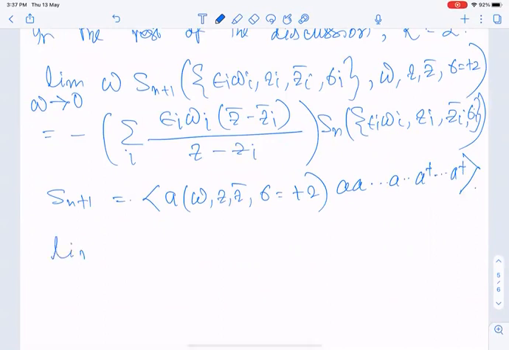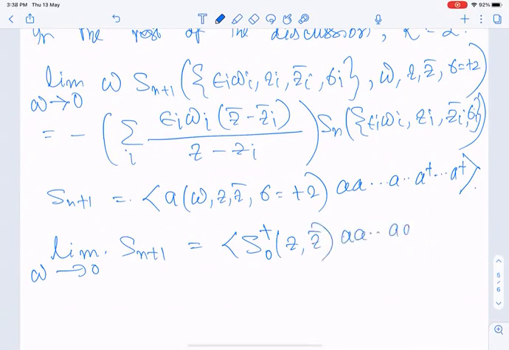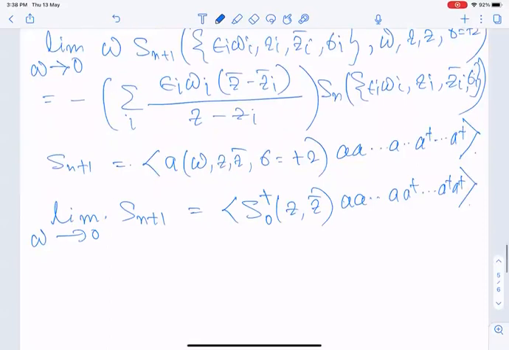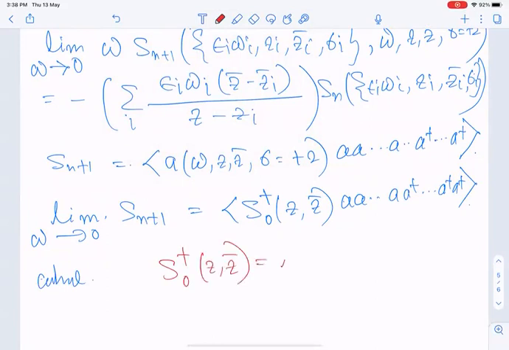So I can write it as, where we have defined this object, which is S plus. So this is the leading soft graviton operator.